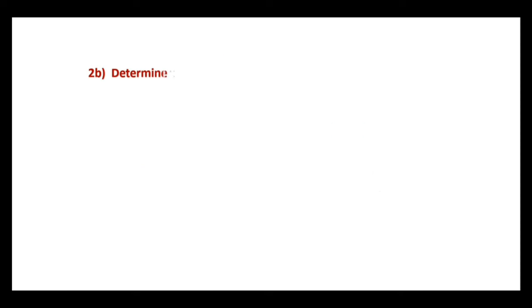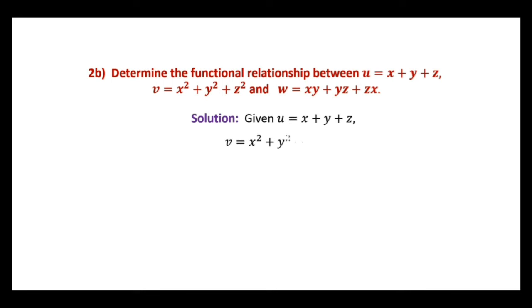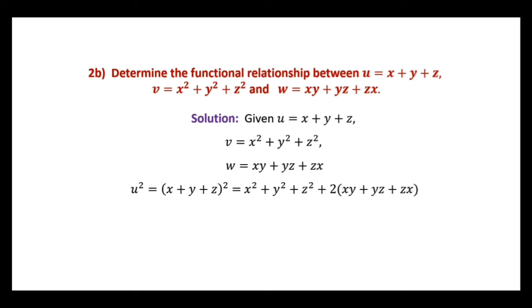Now you can see 3 marks from unit 1 as a second question, b bit. Determine the functional relationship between u, v and w, given the functionals u, v and w. You can observe that v and w are second degree expressions, u is a first degree expression, so you consider u squared to make a second degree expression.